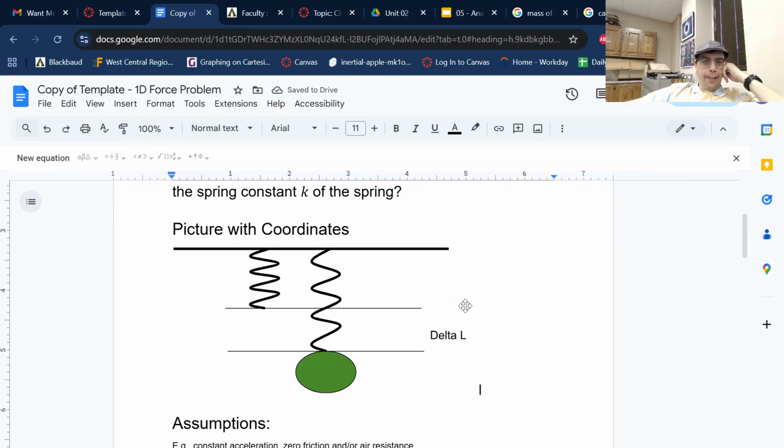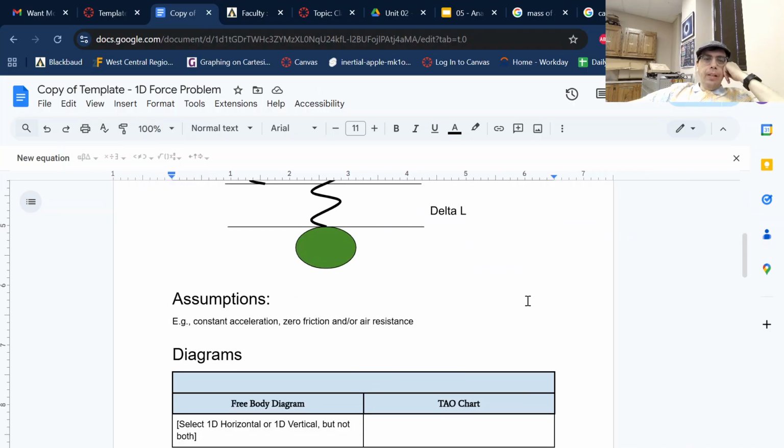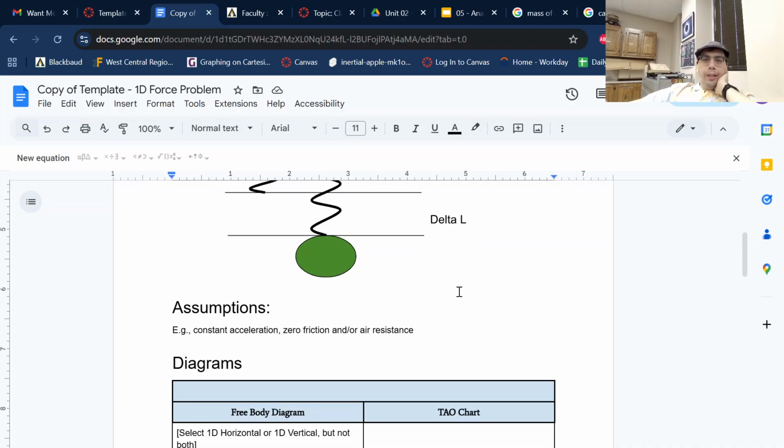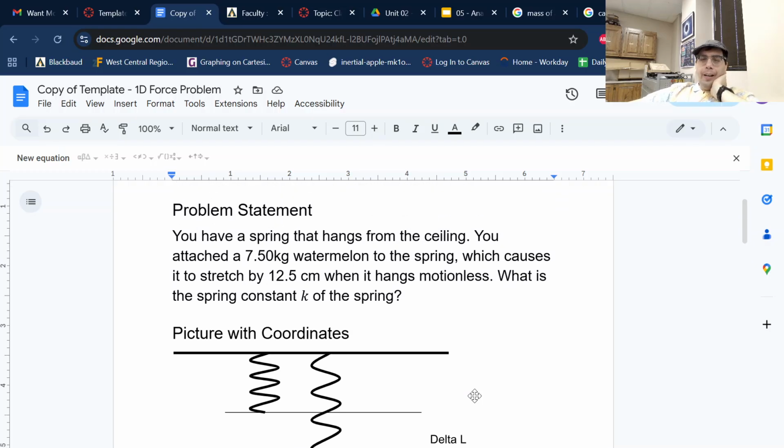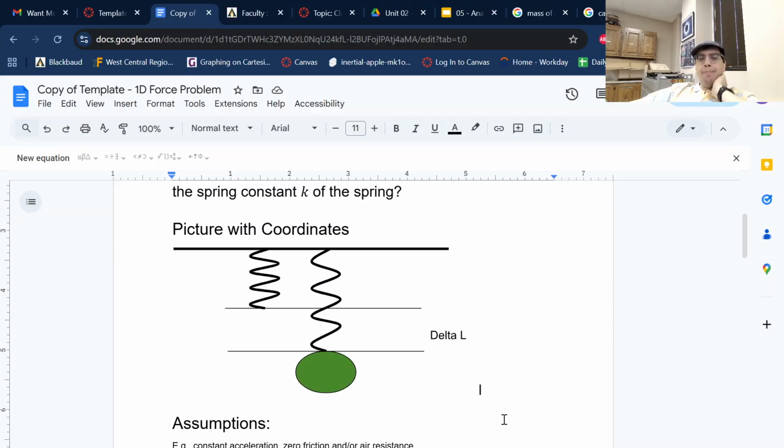Okay, I'm going to zoom back out a little bit. So our assumptions, we don't actually need any assumptions in this case, because it doesn't matter if there's air resistance because it's sitting still. It doesn't matter if there's friction because it's sitting still and it's not against a surface.